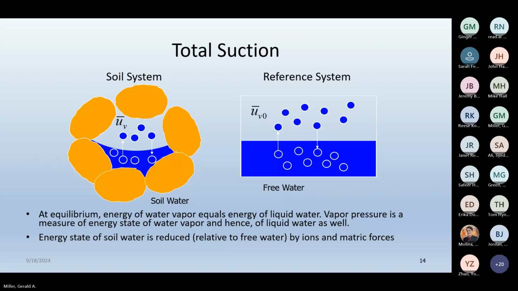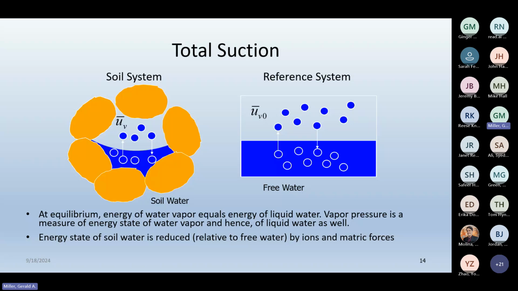And what you have is basically what we call free water. That means that water is unaffected by chemicals in the water, like salt ions, and it's unaffected by the container that it's in, so it doesn't react with the solids. So those water molecules are unimpeded by chemistry or solid-water interaction.